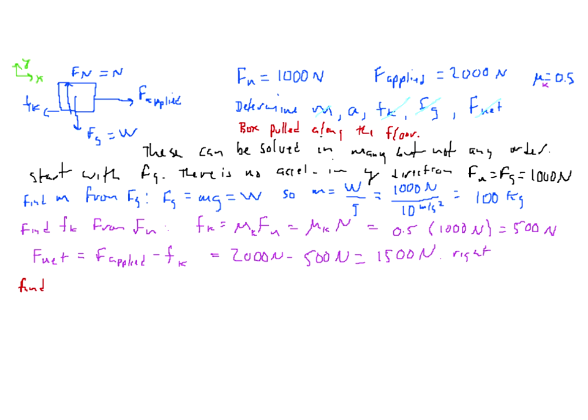And then finally we can find A. So we found that, we found that. So 1,500 newtons divided by m, which was 100 kilograms, that's equal to 15.